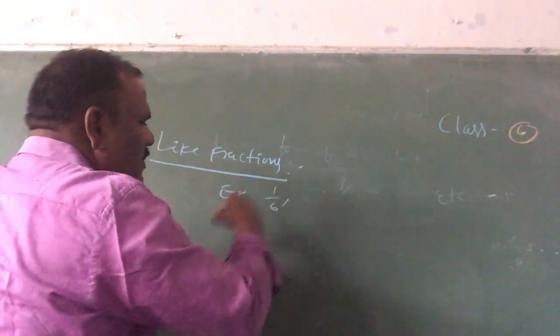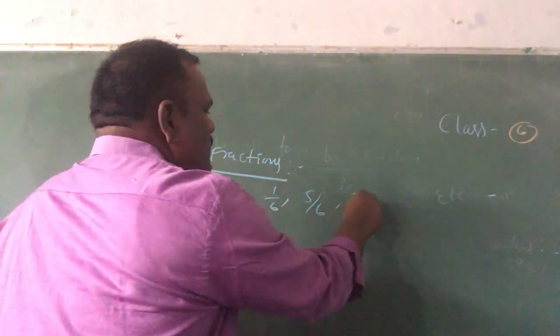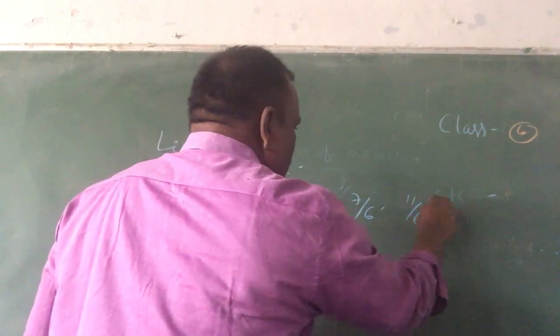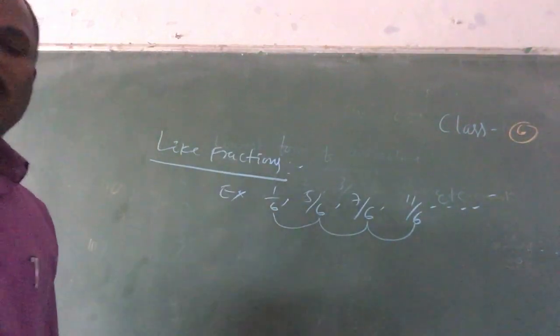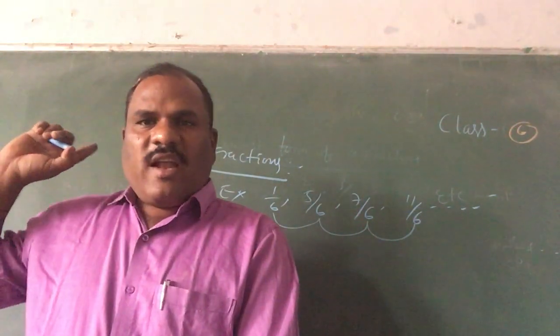Example 1 by 6, 5 by 6, 7 by 6, or 11 by 6, etc. Because the denominator is the same, these are called like fractions.